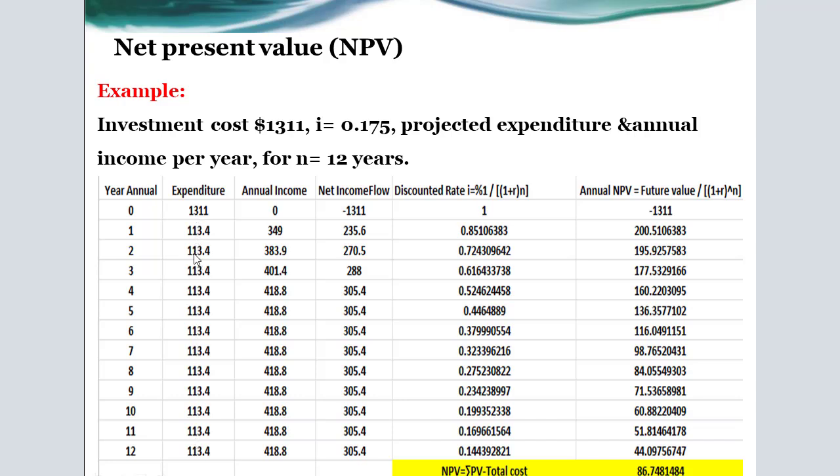Here we represent a fixed expenditure, okay, and this column represents the annual income from this investment, these values across the 12 years, and in this column we calculate the net income flow.